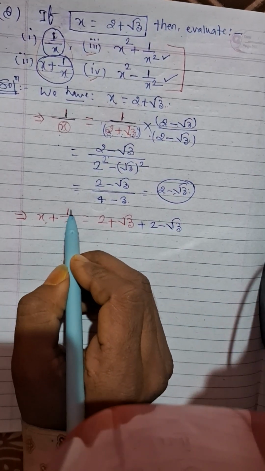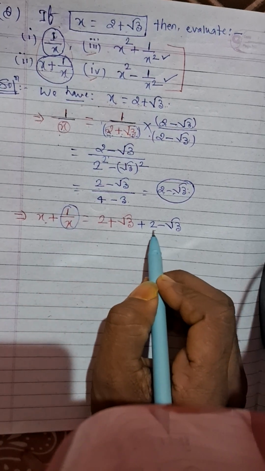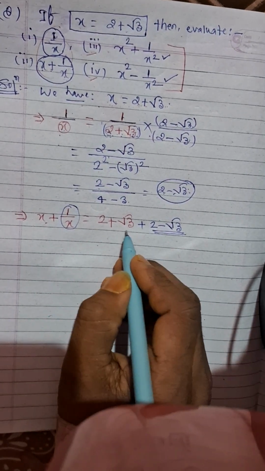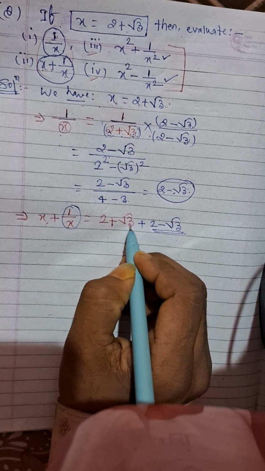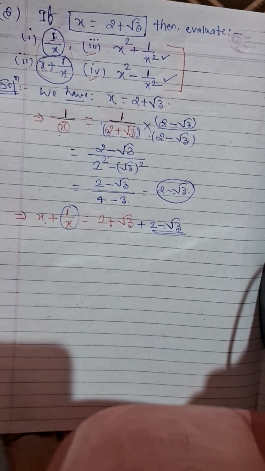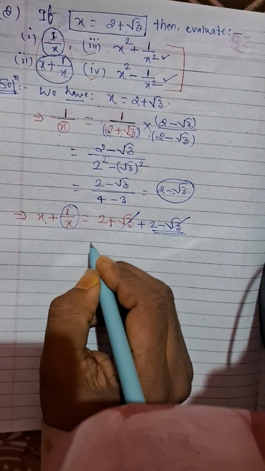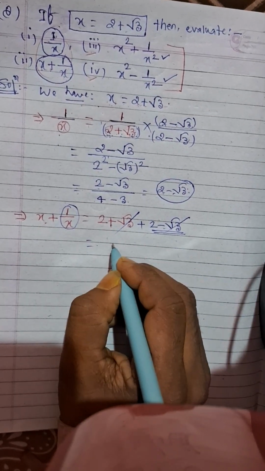Now you can see that here is positive root 3 and here is negative root 3, which cancel out, and 2 plus 2 gives us 4.